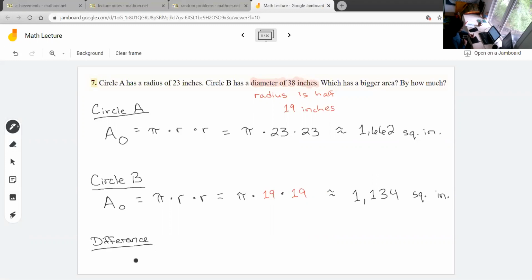So how much bigger was one than the other? 528 square.